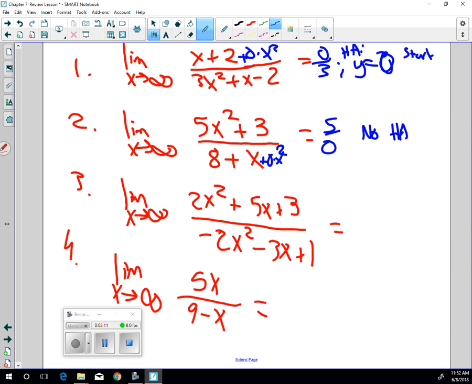This one is going to be 2x squared over -2x squared, which will be 2 over -2 equals -1. Y equal -1 will be the horizontal asymptote. And then this last one's going to be 5 over -1, -5.